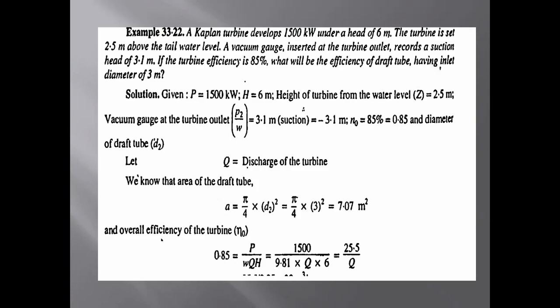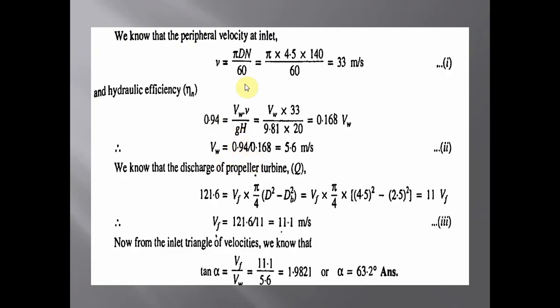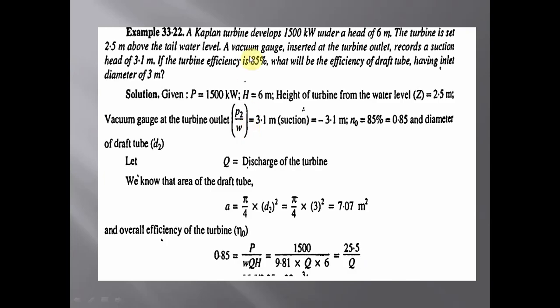Okay, next one: a Kaplan turbine develops 1500 kilowatts under a head of 6 meters. The turbine is 2.5 meters above the tail water level. A vacuum gauge inserted at the turbine outlet records a suction head of 3.1 meters.